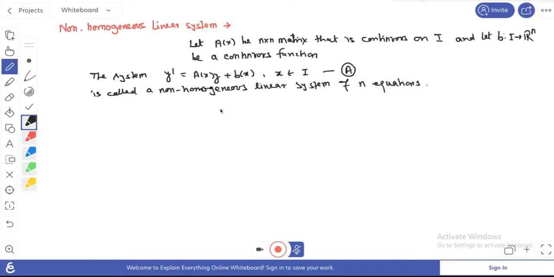And here, what is this term B? This term B is known as the forcing term or perturbation term.